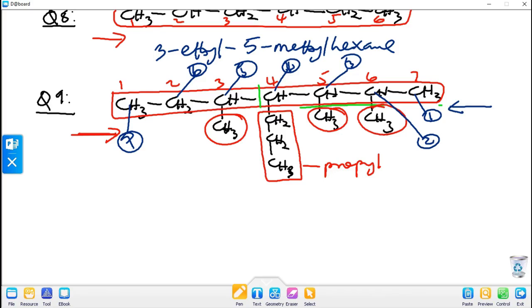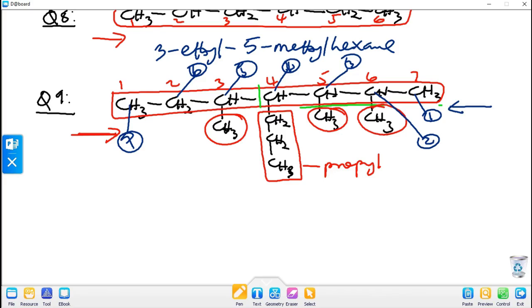But if we number from the left-hand side, it will give them 5 and 6. Since propyl, the largest side chain, remains the same and centralized, numbering from the right-hand side is ideal in this case.